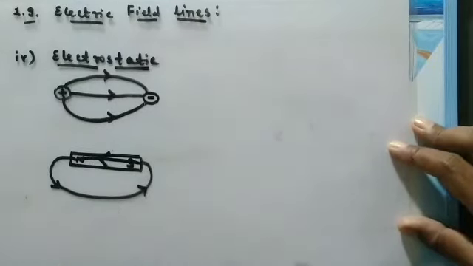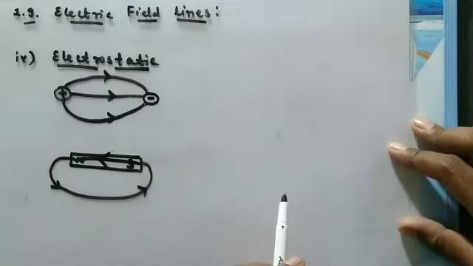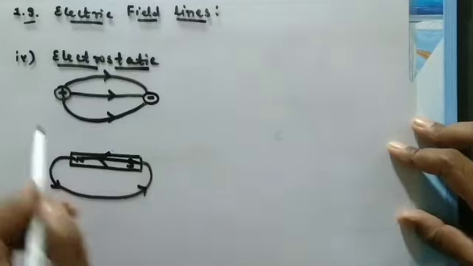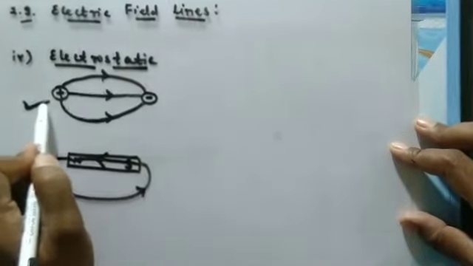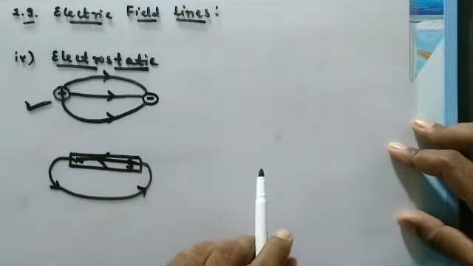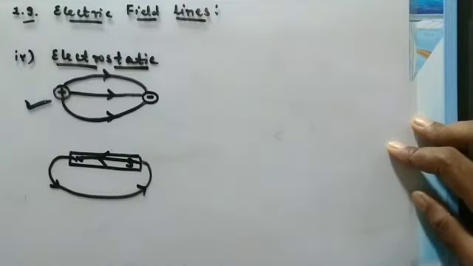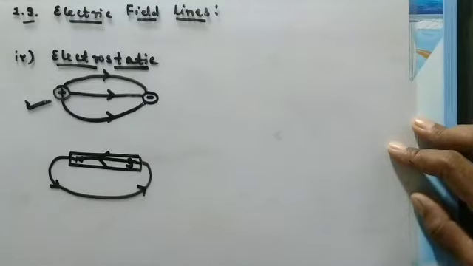So for magnetic field lines, they form a closed loop, but electric field lines do not form a closed loop. Clear? So this was about the general properties of electric field lines.